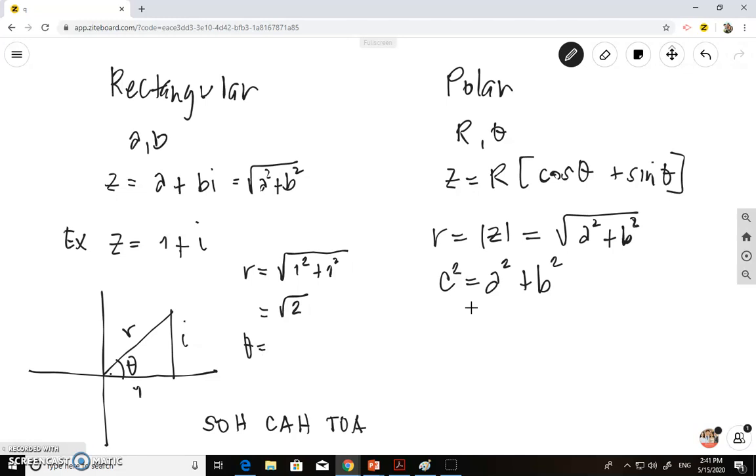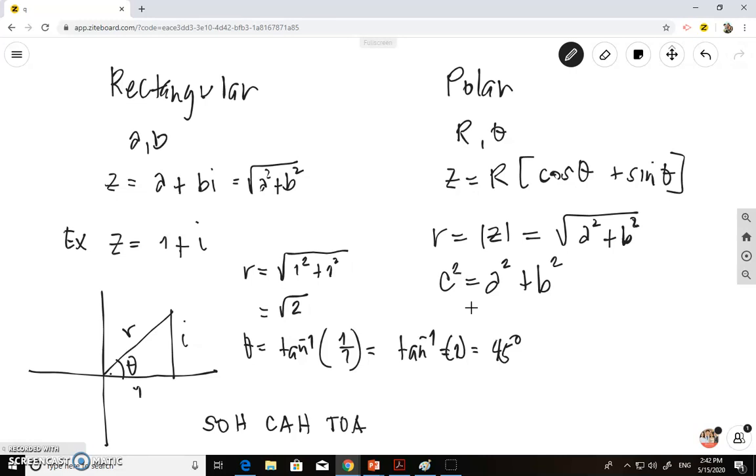Theta is equal to arctan of 1 over 1, or tangent to the power of negative 1 of 1, which is 45 degrees. So the given angle here is 45 degrees.